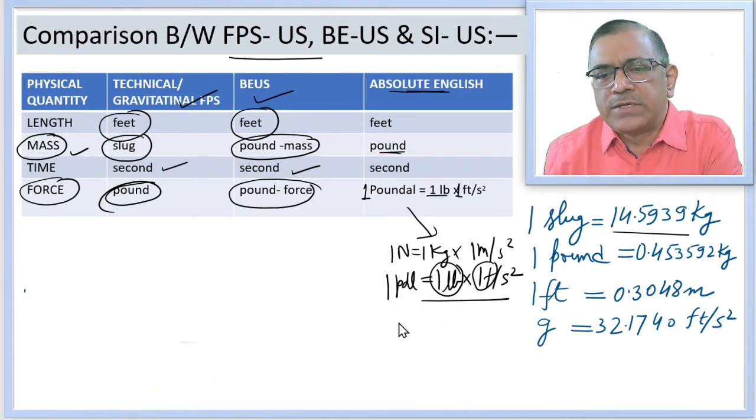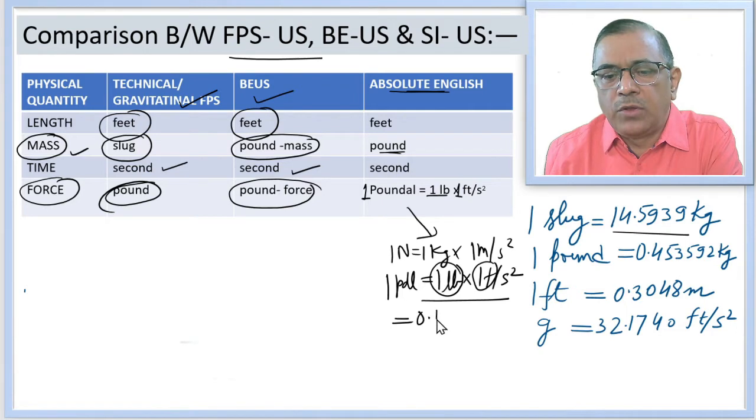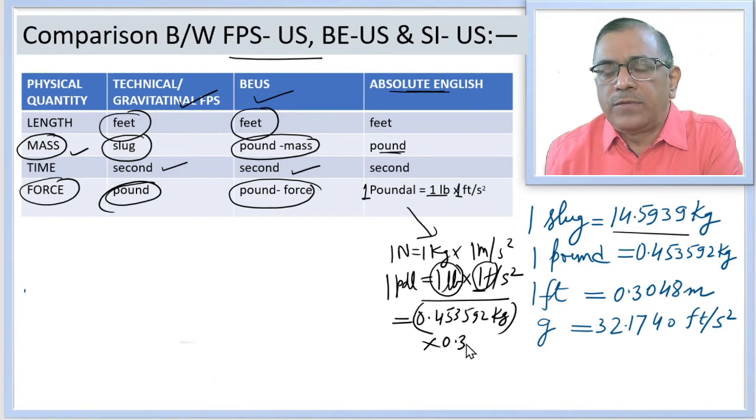And let's do it. 1 pound happens to be 0.453592 kg, and 1 feet happens to be 0.3048 meters. Second square will remain as it is.